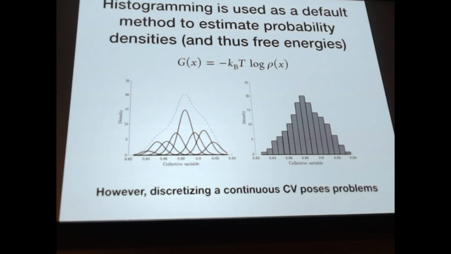And then, more importantly, discretizing poses several problems, because the final probability distribution will depend quite a lot on the size of the bin that you use. If you have too many small bins, you end up with a lot of empty bins. And also, to some extent, the offset and the place where you set the grid can pose problems.